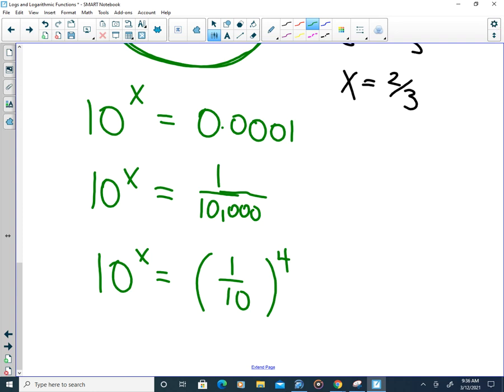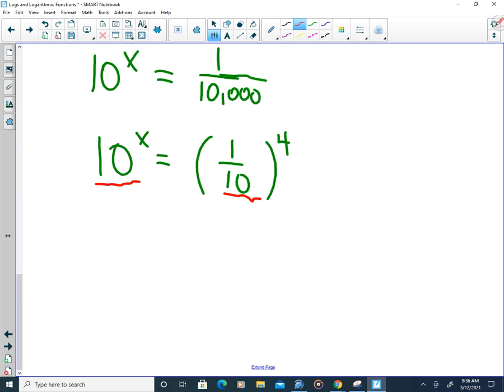And now let's look at our bases. Over here we got base 10. Over here we got the base as 1/10. What are the bases? They're reciprocals. So what do you do to get the bases to match up when the bases are reciprocals? You use the negative exponent rule. So I'm going to leave this as 10 to the x, and then change that 4 to a negative 4.